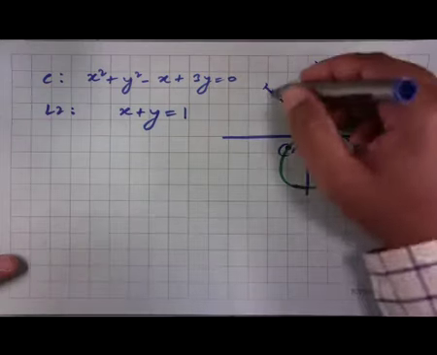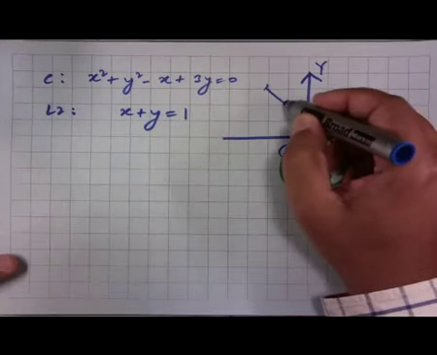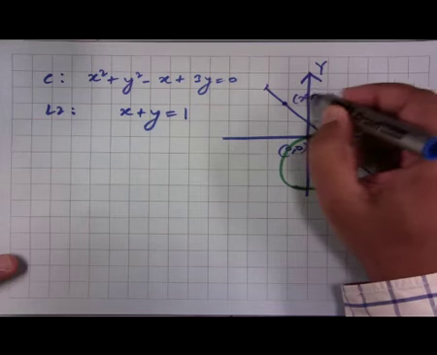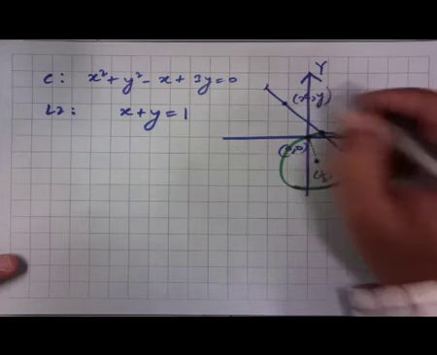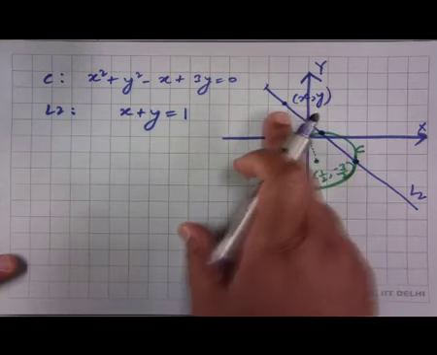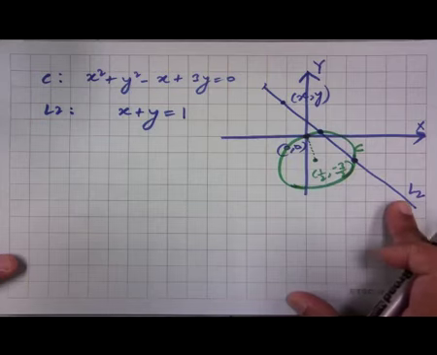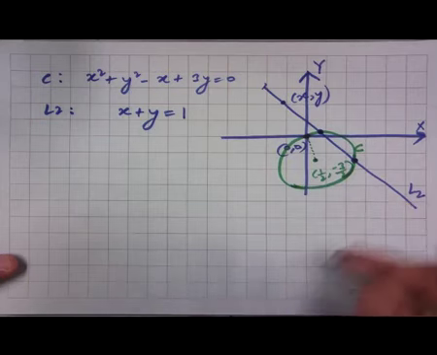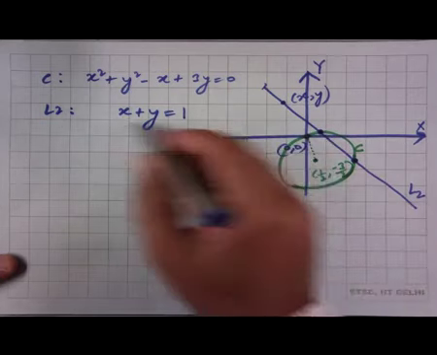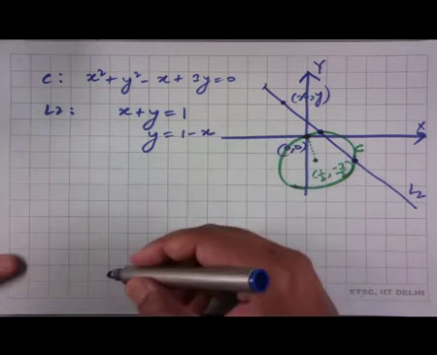Now, any point on this straight line is going to satisfy this. So, suppose we have a point x comma y, then this x and y has to satisfy this equation, because this point is on this straight line. So, from here we see that y is equal to 1 minus x.